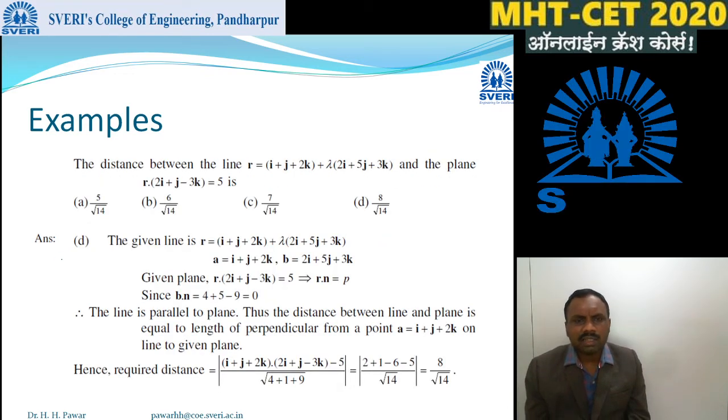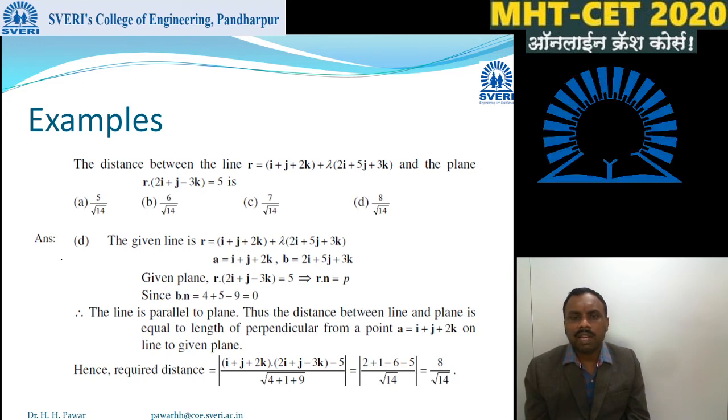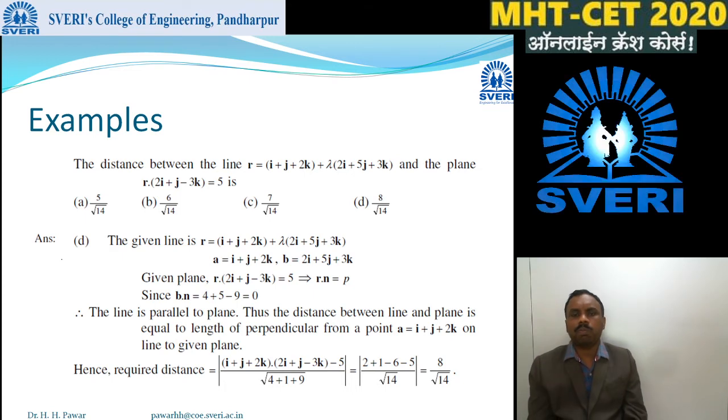Next one is the distance between the line r is equal to i plus j plus 2k plus lambda into 2i plus 5j plus 3k and the plane r bar dot 2i plus j minus 3k equal to 5.